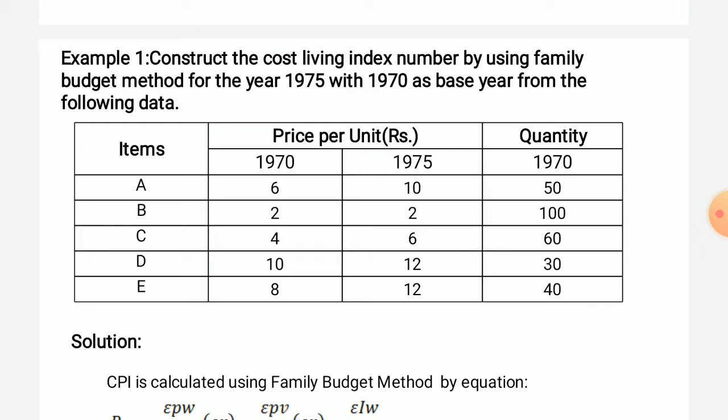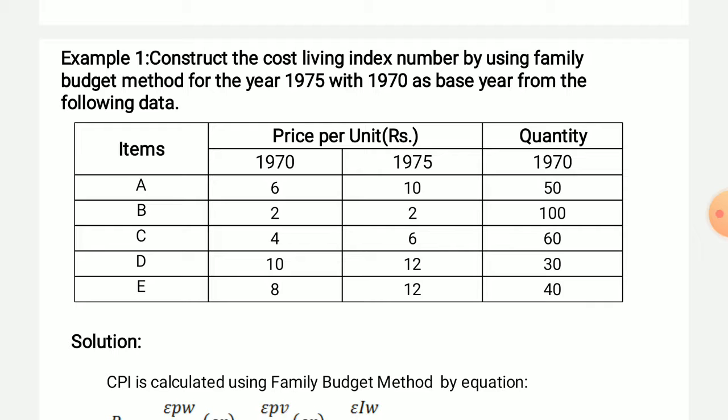Construct the cost of living index number by using family budget method for the year 1975 with 1970 as base year from the following data. So here different items are given. Price per unit base year 1970 and current year 1975, and quantity 1970. This is the base year quantity.